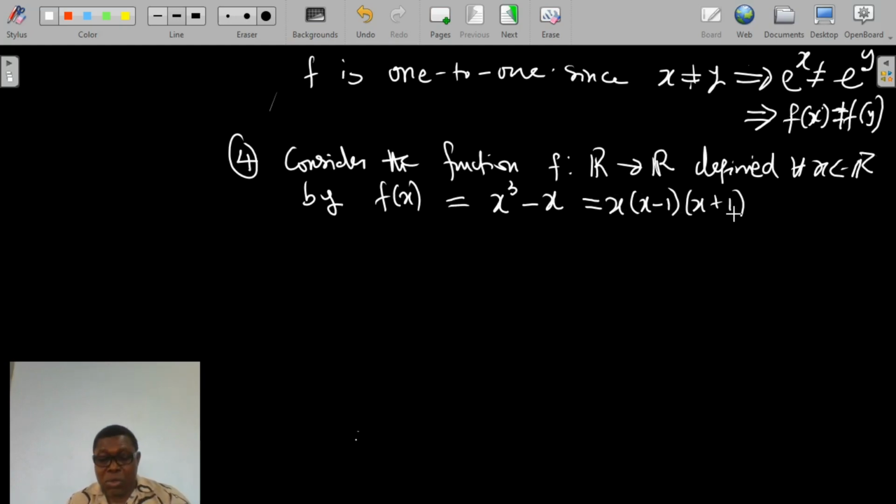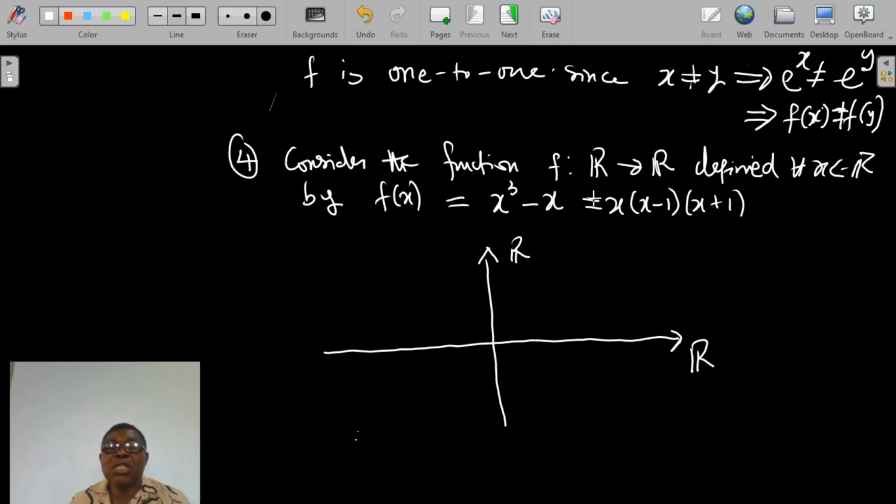Maybe to really visualize what I'm talking about, let us look at the sketch of the curve representing this function. This function will cut the x-axis at 0, at the point 1, and at the point minus 1. If we go through the procedures for curve sketching using elementary calculus, one can easily get that this function will behave like this.